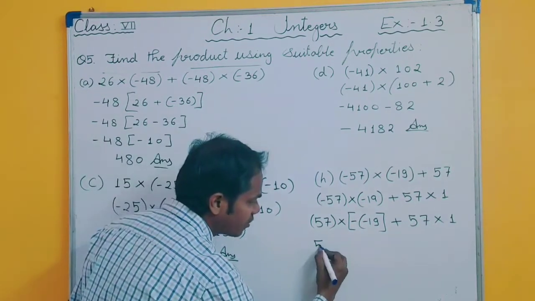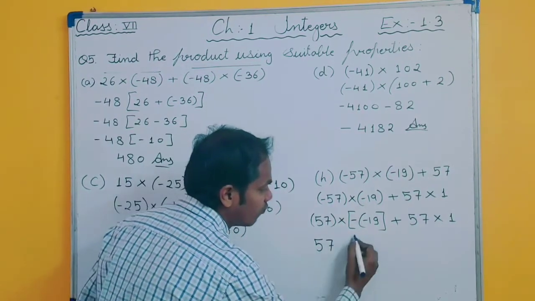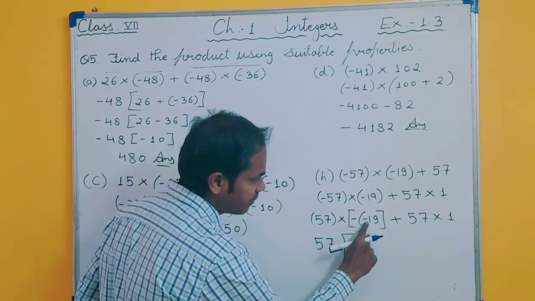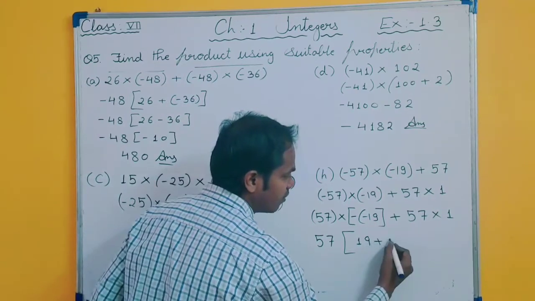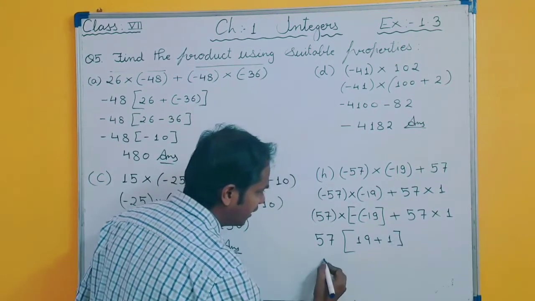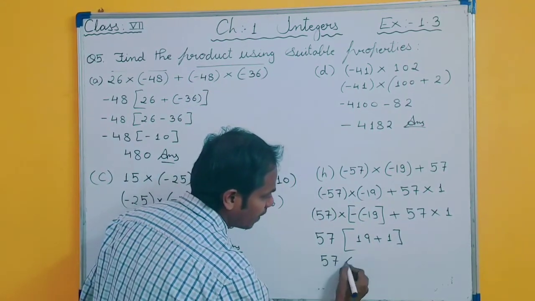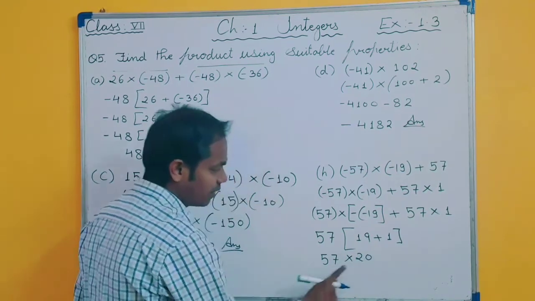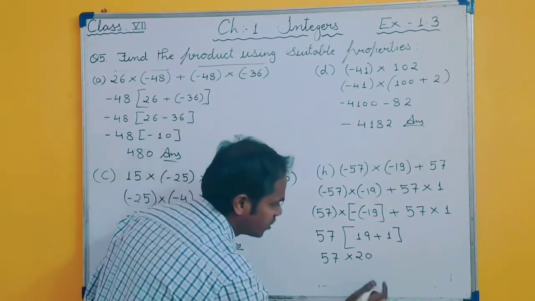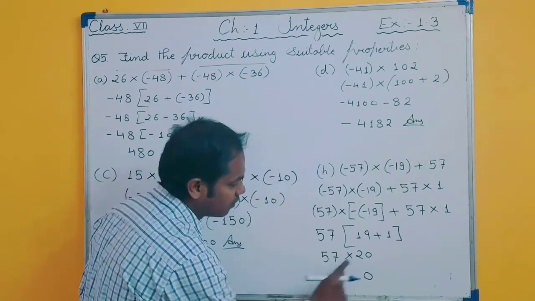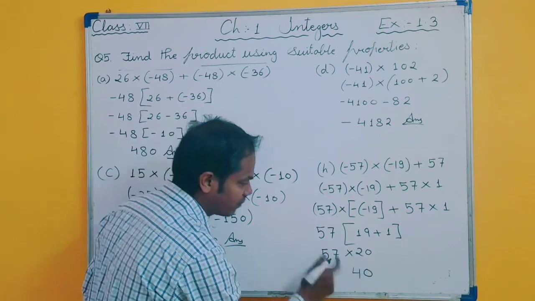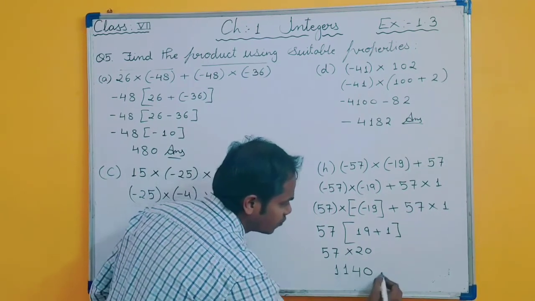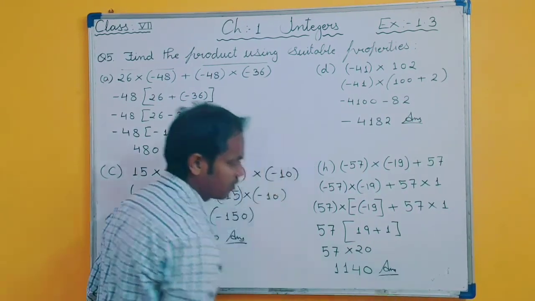So 57 is common. So what is remaining in bracket? Minus multiplied by minus will become plus 19 and this plus 1. So 19 plus 1 is 20 and 20 multiplied by 57. 0 as it is. 2 7s are 14, carry 1. 2 5s are 10 plus 1, 11. So 1140 is your answer.